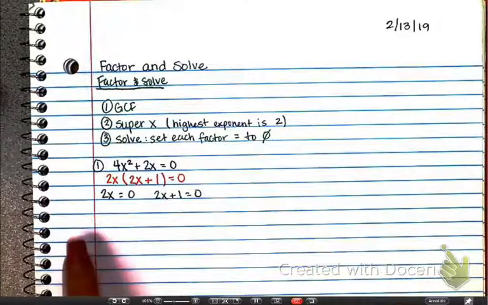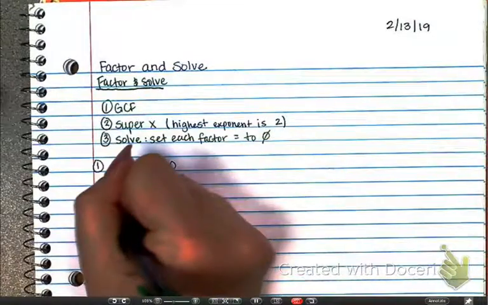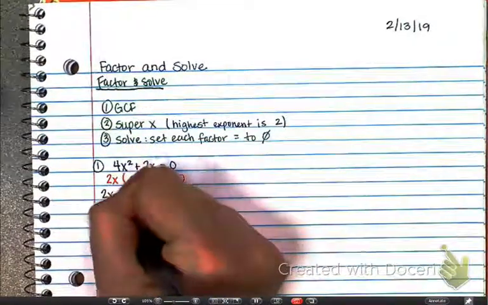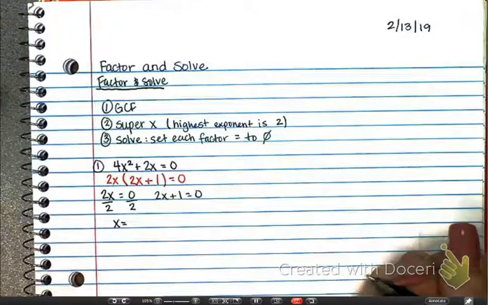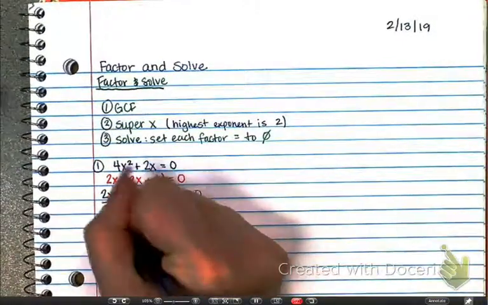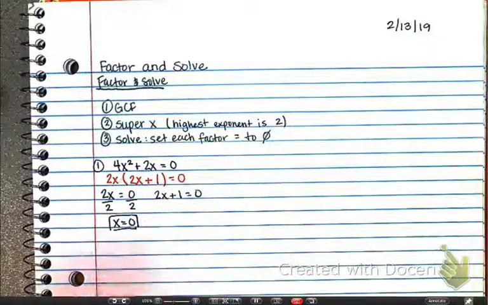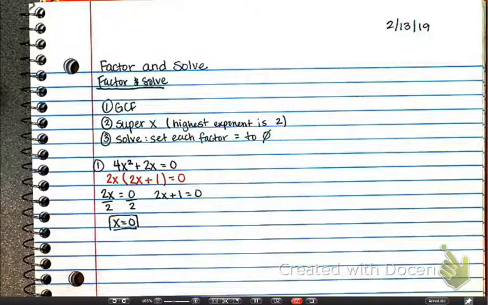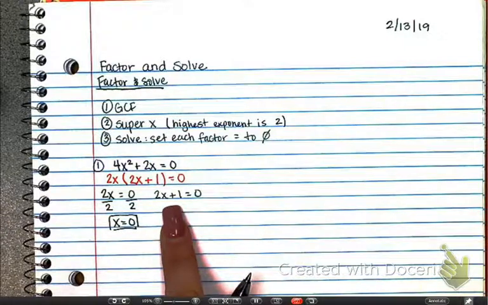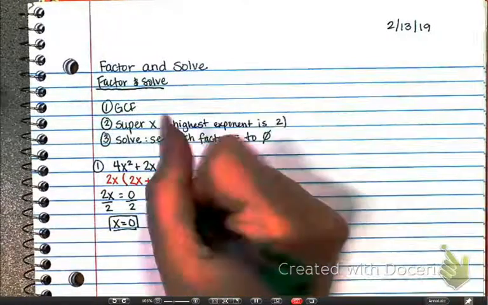If I want to solve this first one, I'm going to divide by 2. And what's 0 divided by 2? 0. 0 divided by 2 is 0. So x equals 0. What do I do to solve this one? Subtract 1.